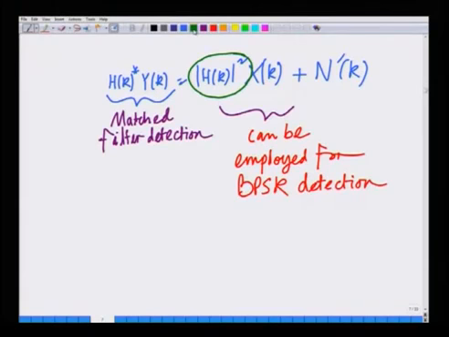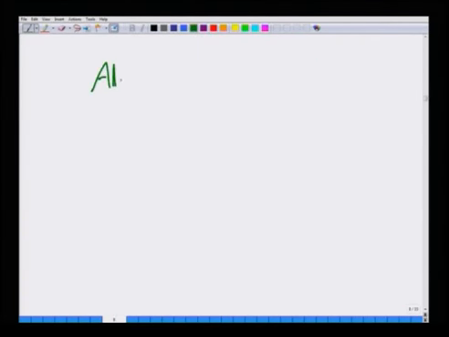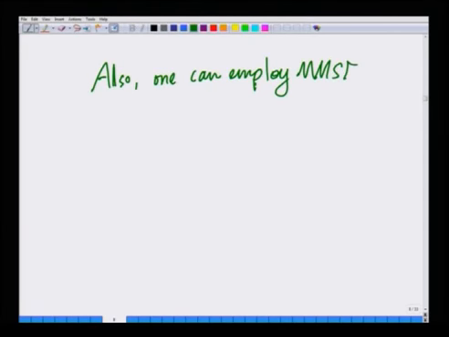So let me just write that equation also. One can employ the MMSE detector, and MMSE gives you better results, and it is the optimal detector.